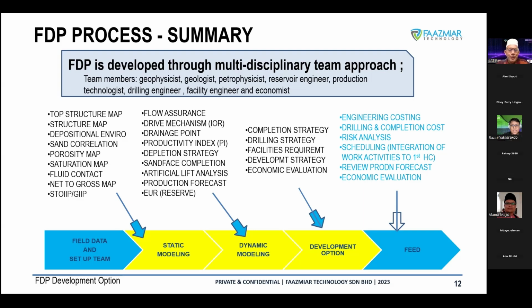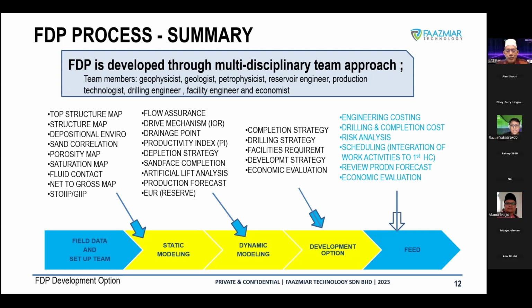Good judgment. Once we have that, during static modeling they are going to develop the porosity map. The porosity map will come from some study of the core, which they send to the lab. In the fluid analysis, we study the porosity, the saturation and the flow content. We also do this through seismic analysis. Finally, you have the net to gross map, which tells you what possible space is available in the rock itself for the hydrocarbon to be there.